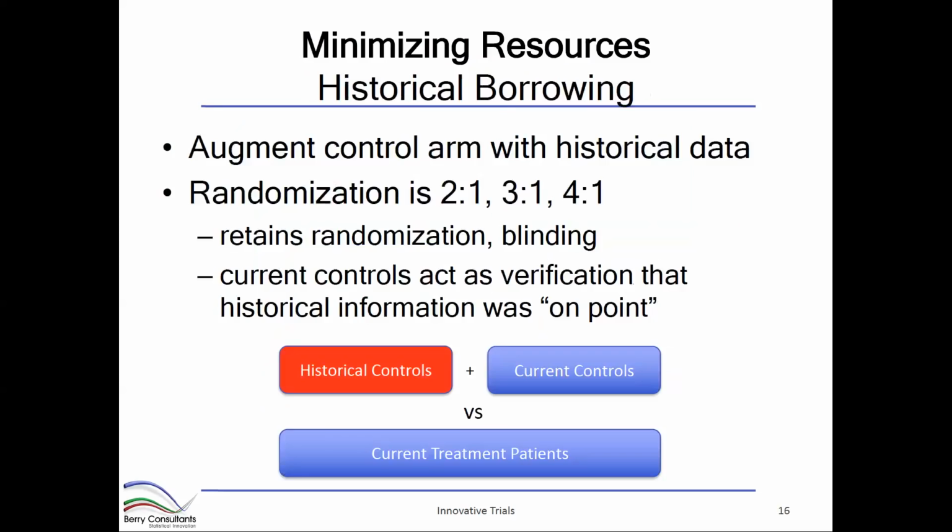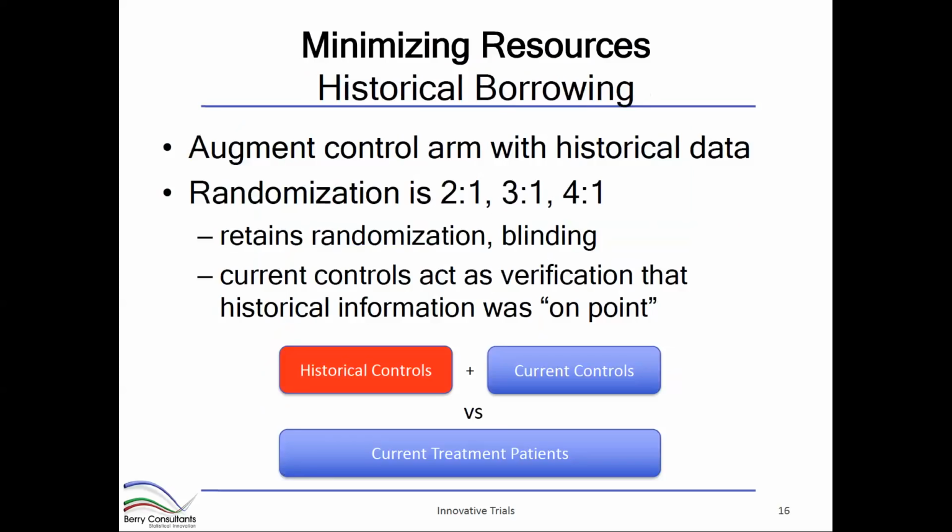A mechanism for avoiding some of those risks with a single-arm trial is historical borrowing, different than a single-arm trial. Here we augment the control arm with historical data. There's a graphic at the bottom. So we take historical controls and combine them with a smaller number of current controls, and then we compare them to treatment patients.